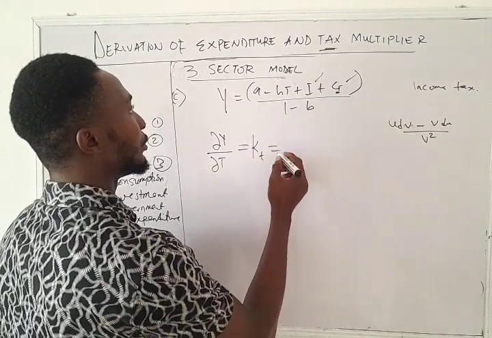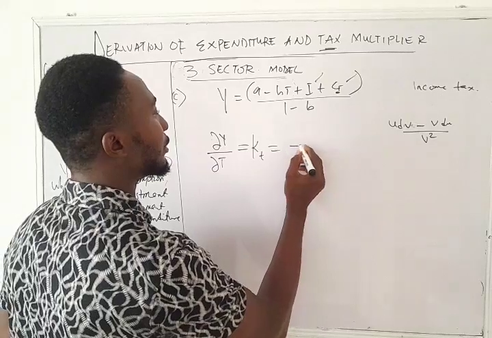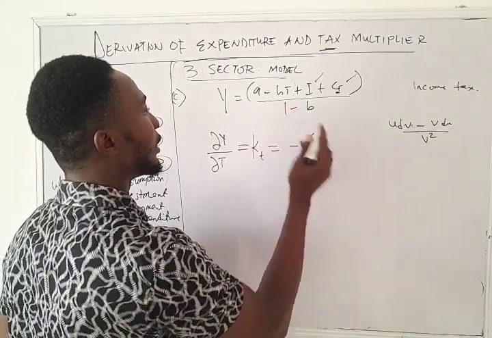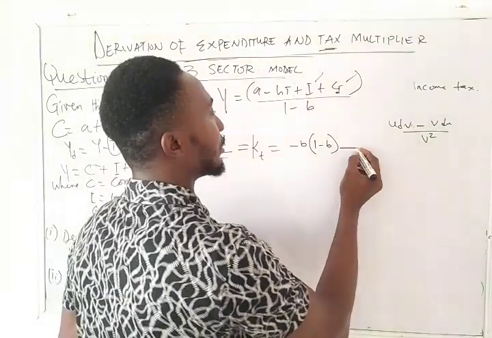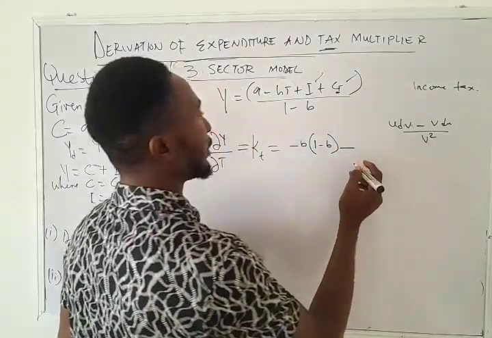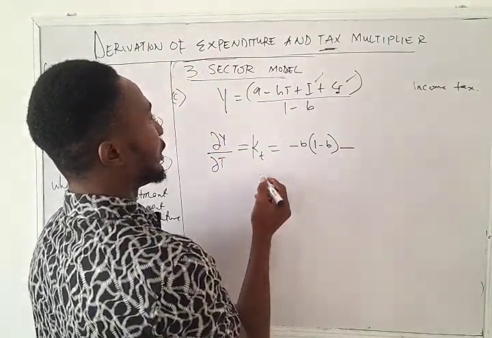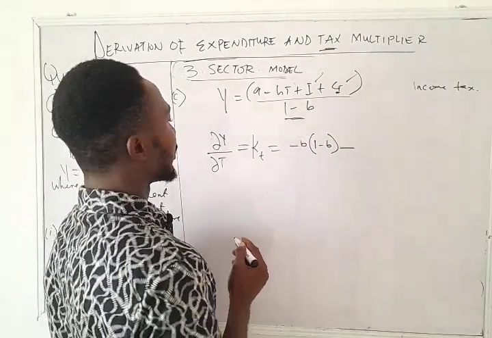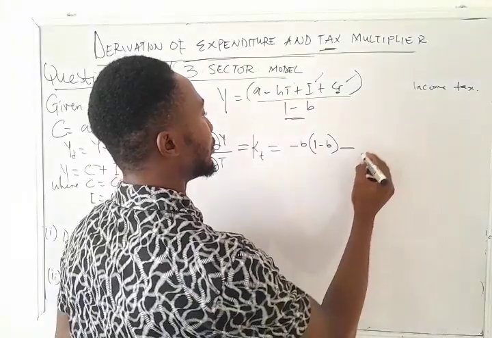So all we can do here, differentiate everything here with respect to t, we are going to have minus b bracket multiply it by 1 minus b, which is the denominator, and then minus, we do the same thing here again. We differentiate 1 minus b, the denominator, with respect to t, and multiply it by the numerator. So we do this here.